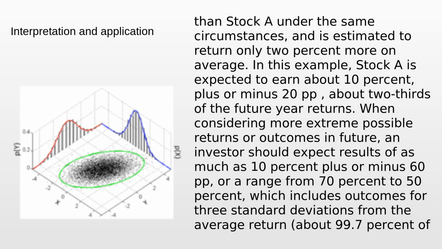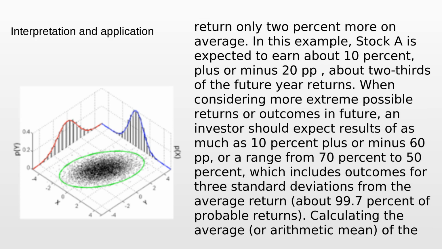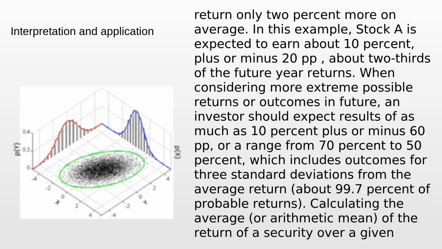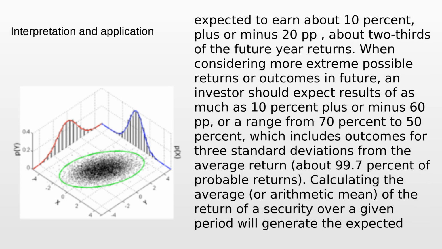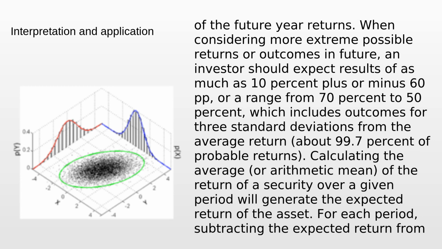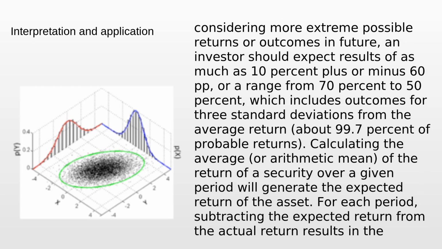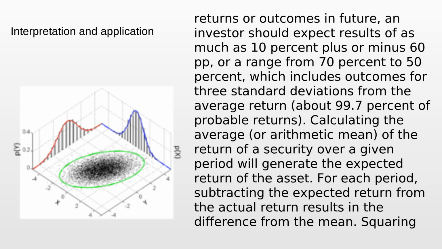When considering more extreme possible returns or outcomes in future, an investor should expect results of as much as 10% plus or minus 60 pp, or a range from -70% to 50%, which includes outcomes for 3 standard deviations from the average return, about 99.7% of probable returns.